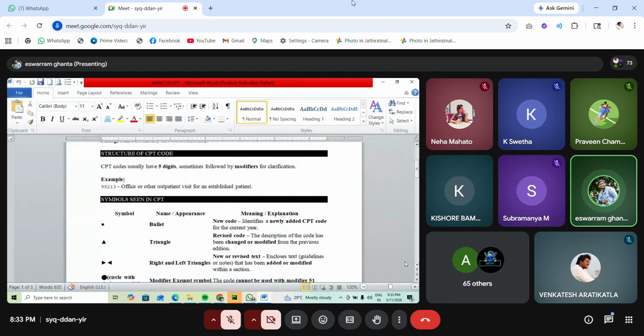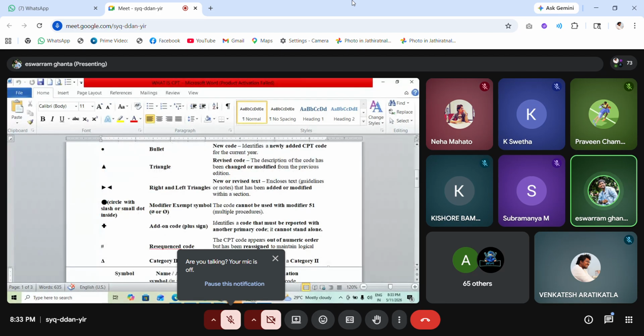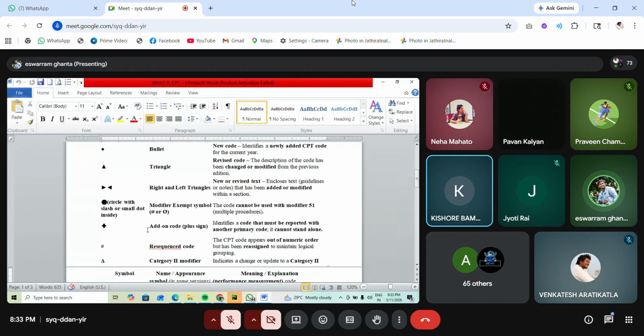How many digits are there in the CPT codes? There are 5 digits. Next, what is meant by the add-on code. Okay, identifies a code that must be reported with another primary code. This is your answer. If the interviewer asks what is an add-on code, your answer is: identifies a code that must be reported with another primary code.